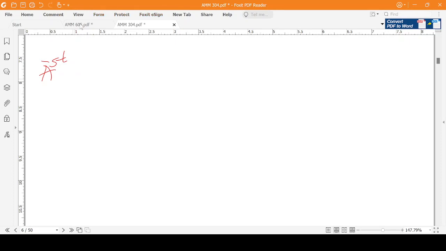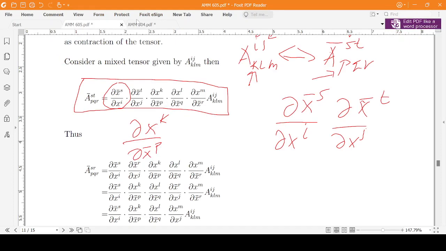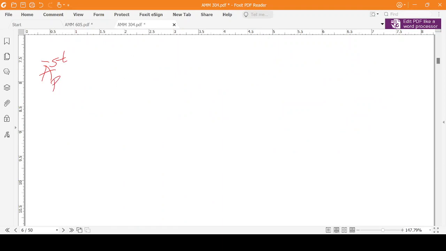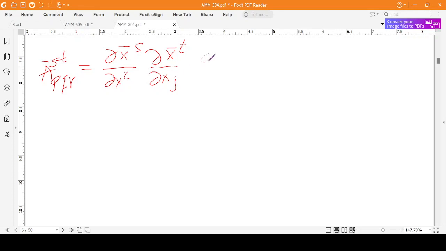What we had was the PQR, which transforms to the partial derivative x bar s by dxi, partial derivative x bar t by dxj, then partial derivative xk by dx bar t, the partial derivative xl by dx bar q.